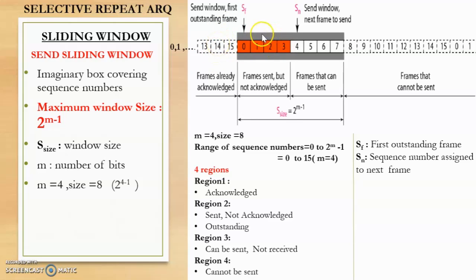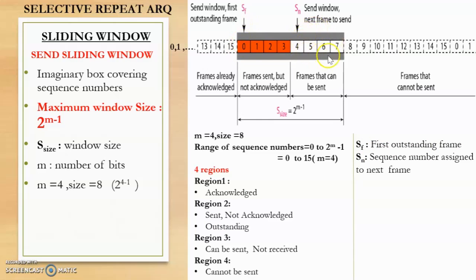The second region, which is colored in orange, is a part of the window, and these are the sequence numbers of the frames that are sent, but the receiver has not sent an acknowledgement to these frames. And these frames are also called outstanding frames. And the first outstanding frame is denoted by variable SF. So over here in this figure, this is the first outstanding frame, that is the frame with sequence number 0.